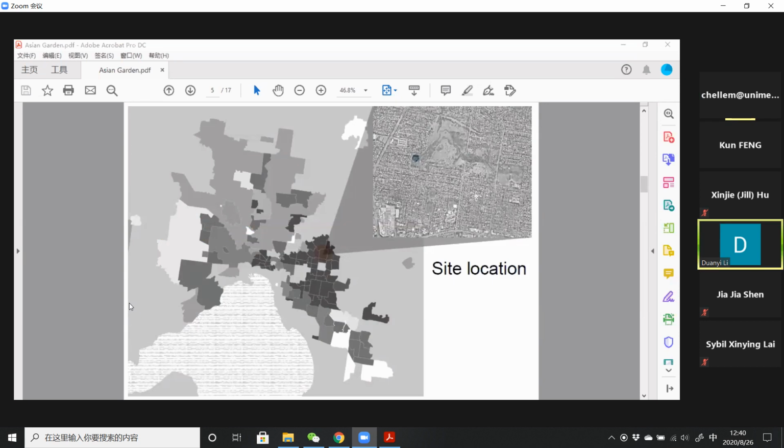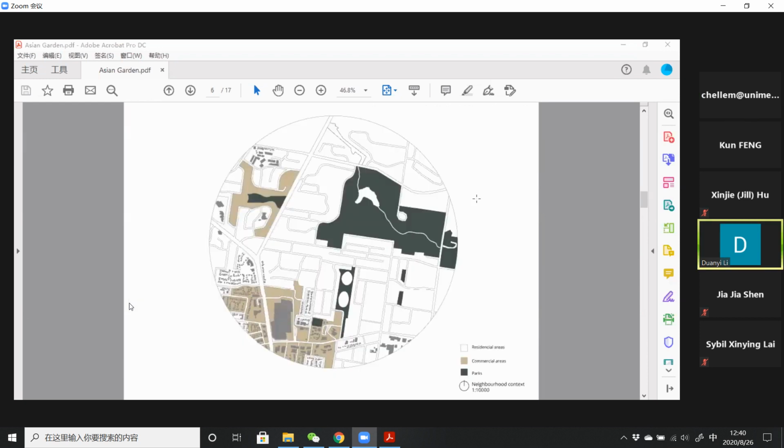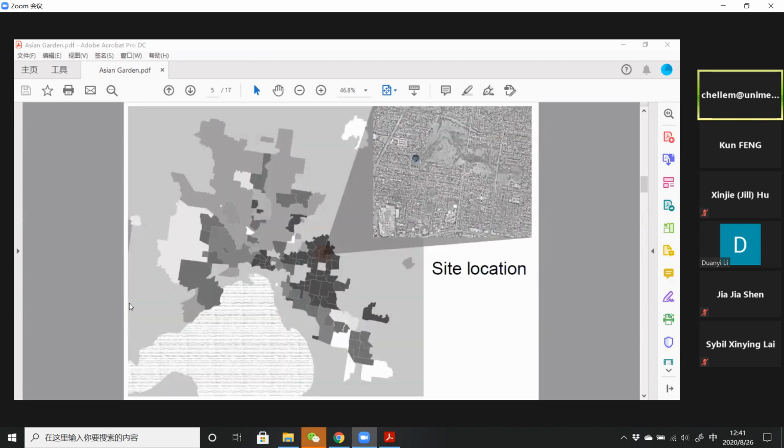And then you went to site location, and this slide doesn't actually give specific information on it. So then we do the site analysis. Yes. So the link between the previous slide and this slide, in terms of exactly where is that?